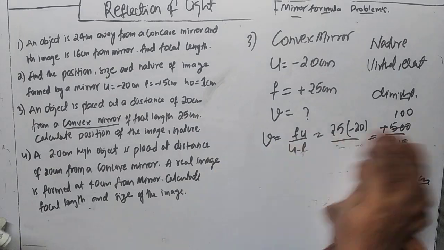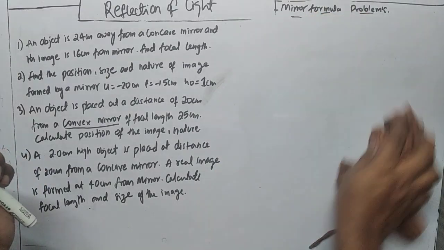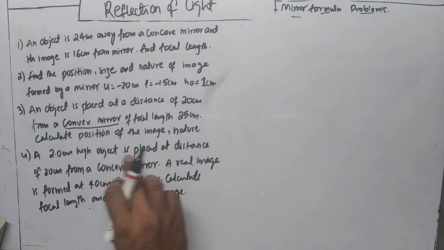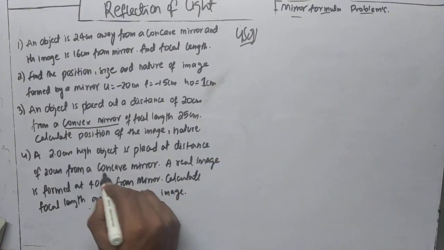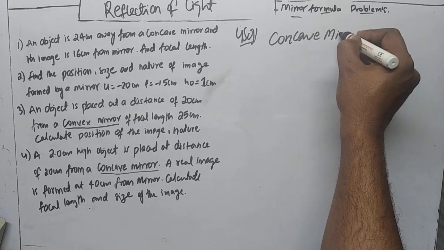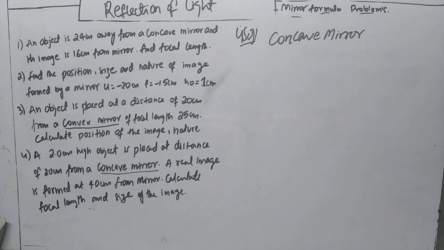Next, the fourth question is very, very important. This question has already been asked in the exam, so just see this question. First, in the fourth question, you have to find which type of mirror. It is a concave mirror, as mentioned in the question. Next, an object of 2.0 centimeter height.